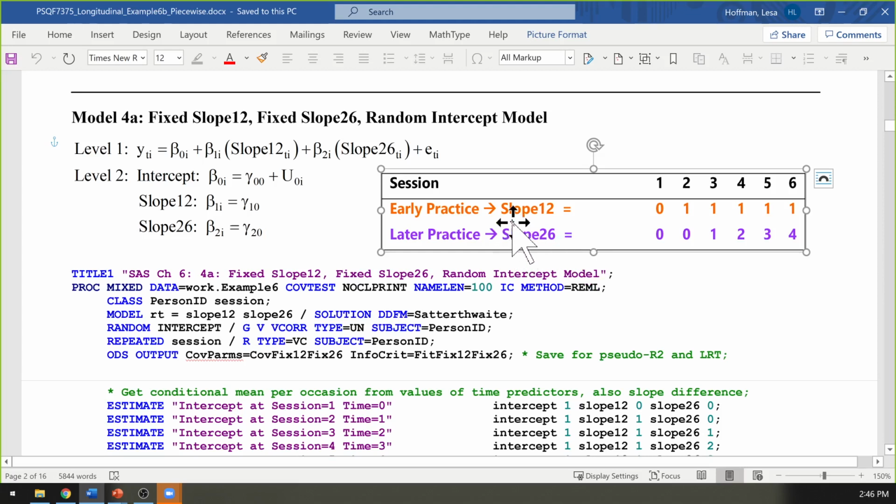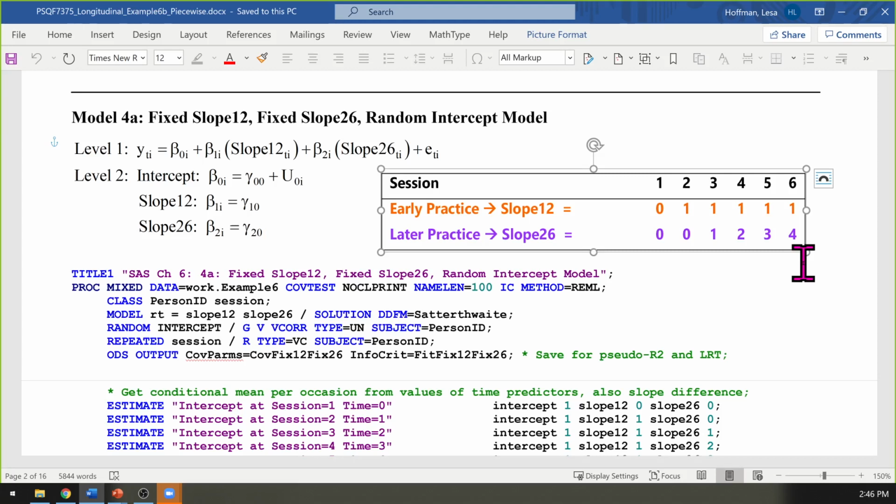So the interpretation of slope 1, 2 as representing the change from 1 to 2 specifically would not hold if this purple predictor were not in the model. Otherwise, it would be 1 versus all the others. So it's the same logic as when you first learned how to do dummy-coded predictors for categorical variables.